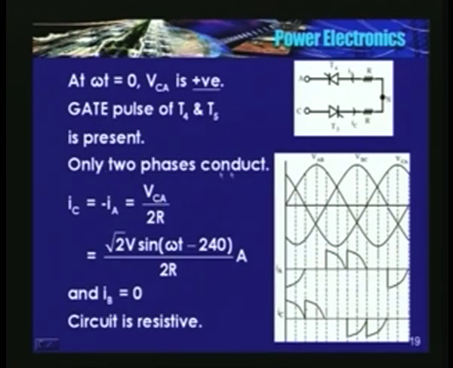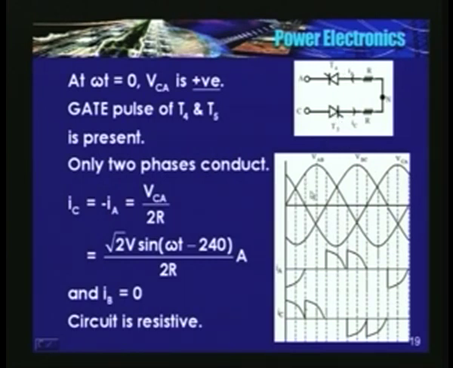Only 2 phases are conducting. And what is the equation for current? IC is equal to minus IA. It is given by VCA divided by 2R. 2 circuits are in series, I am neglecting the drop.